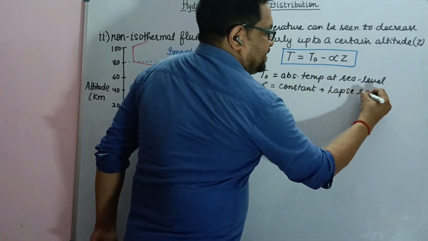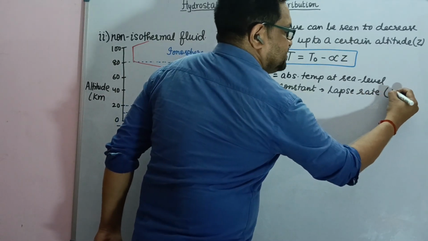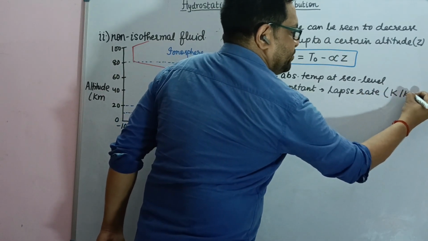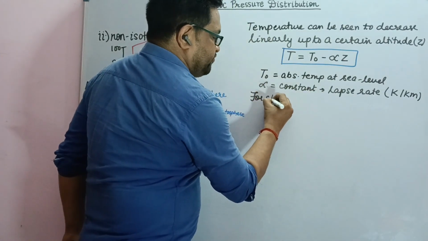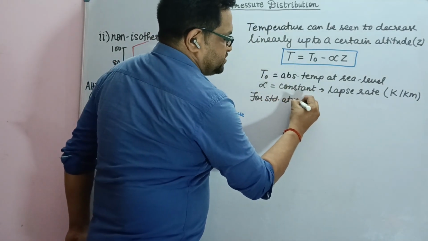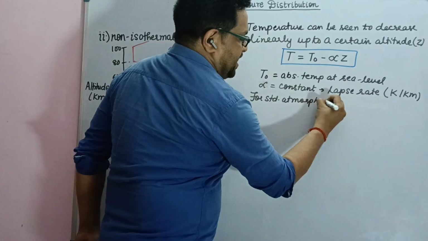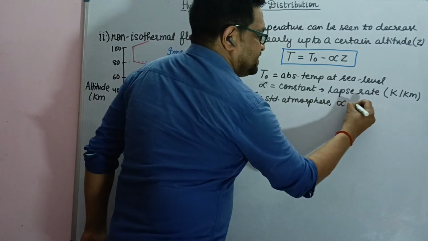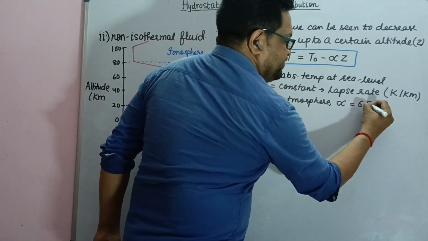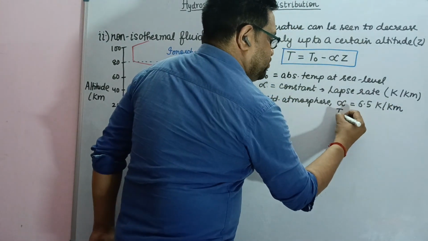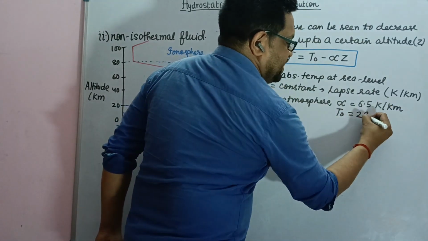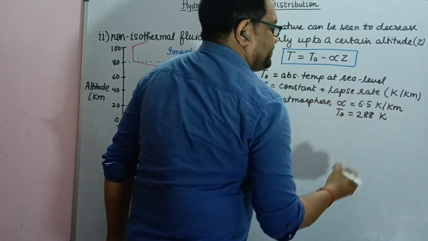Lapse rate is expressed in Kelvin per kilometer. For the standard atmosphere, the value of alpha is around 6.5 Kelvin per kilometer, and for T naught we have around 288 Kelvin.